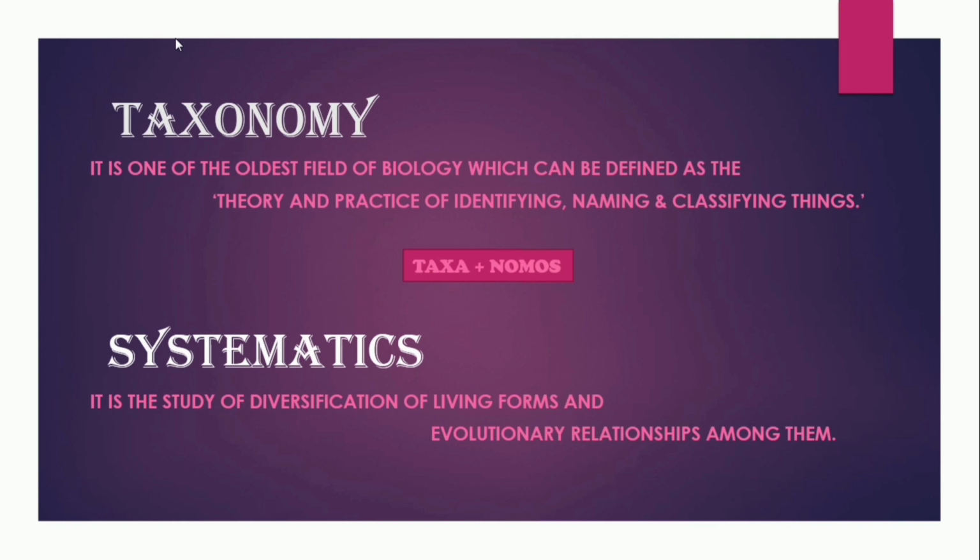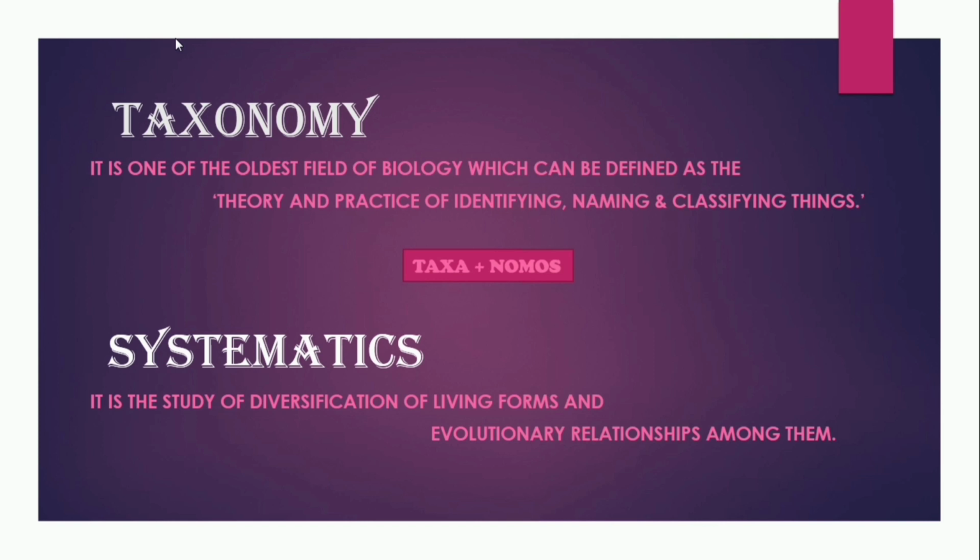In taxonomy, humans are classified into the kingdom Animalia, class Mammalia. So there's a proper classification. In systematics, along with the classification, we study how humans have evolved or their relationship with the apes. So that's systematics. I hope both these terms are clear to you.